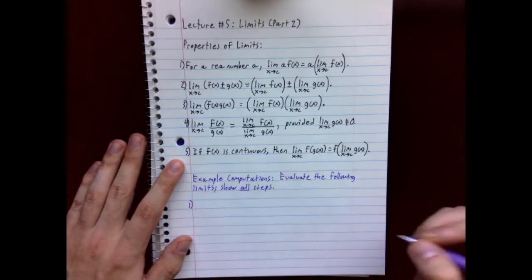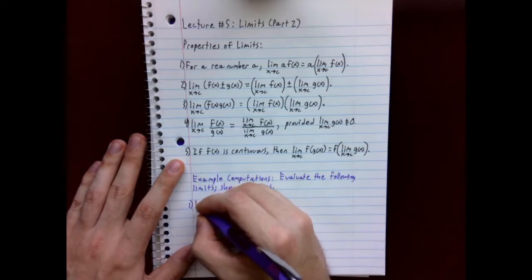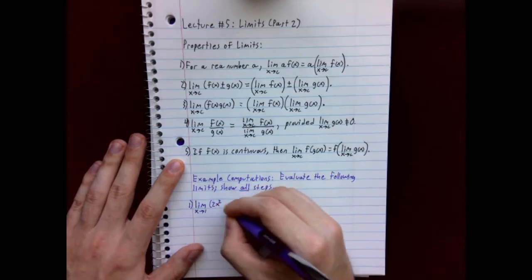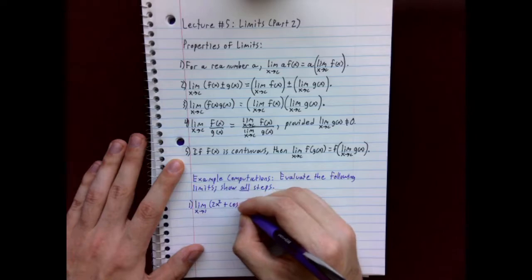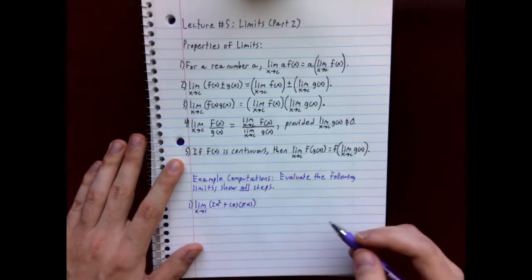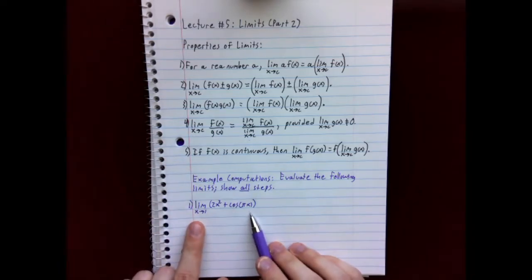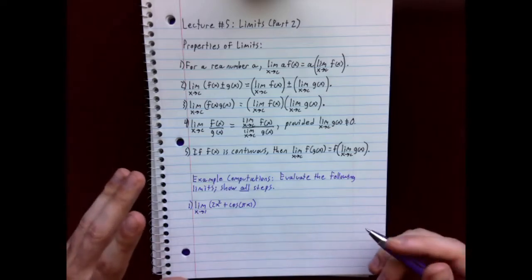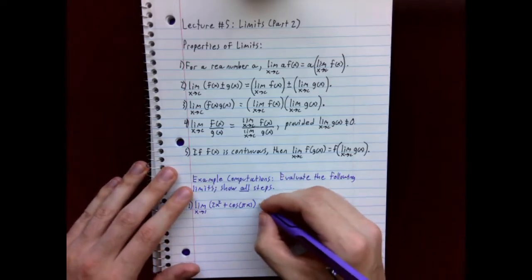So let's do the limit as x approaches 1 of 2x squared plus cosine of pi times x. Okay, so if I want to compute this limit, there are a number of things we could do, and the order in which we do them is a little bit arbitrary, but we'll do them as follows.